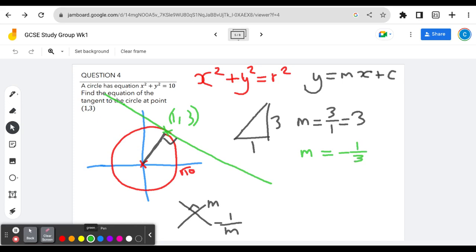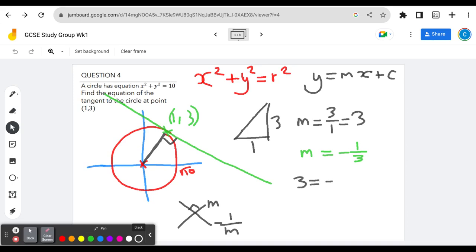So I use this m that I've just found, plus I use the coordinate 1, 3 to plug it into y equals mx plus c, and then I should be able to find the y-intercept and get the equation of the line. Okay, so here we go. y is 3.